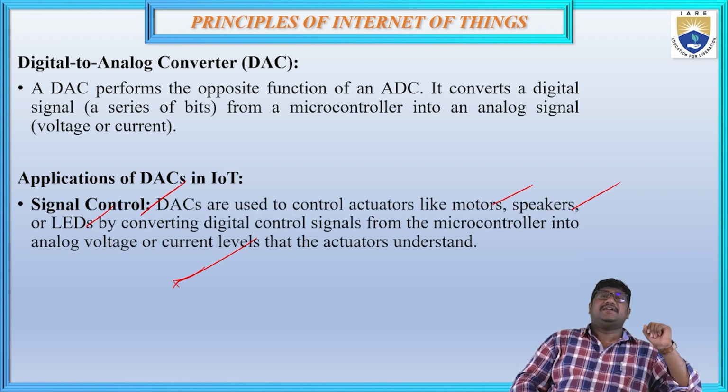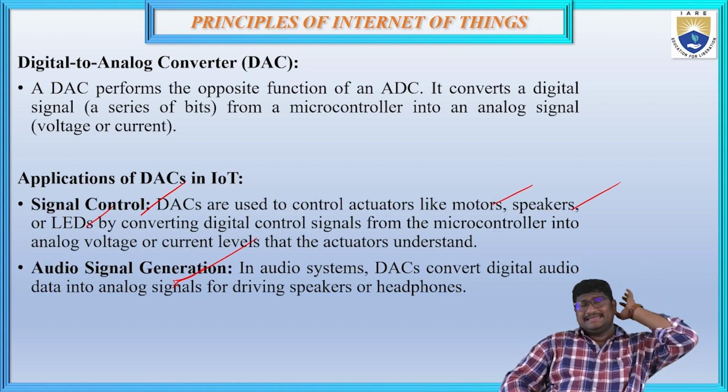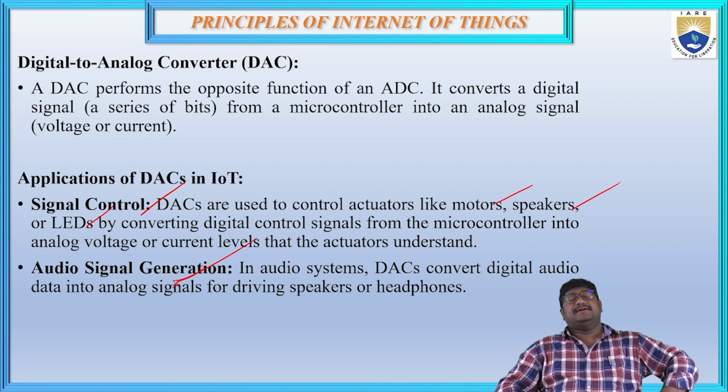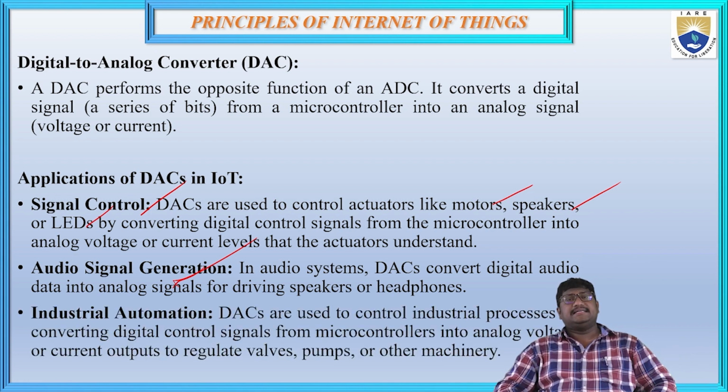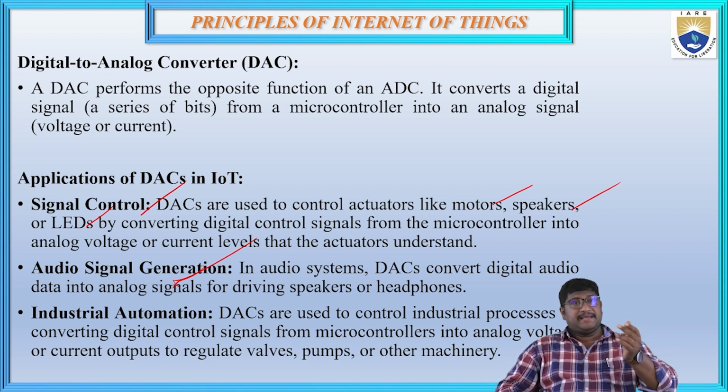And what are the different applications? The applications of DAC are signal control, audio signal generation, and industrial automation. Signal control is used to control actuators like motors, speakers, or LEDs by converting digital control signals from microcontrollers. In audio signal generation, in audio systems, a DAC converts digital audio data into analog signals for driving speakers or headphones.